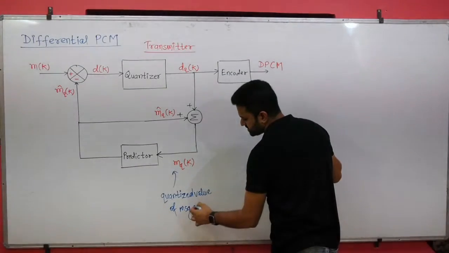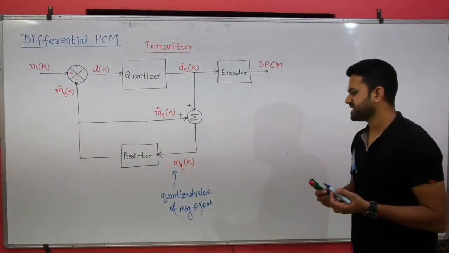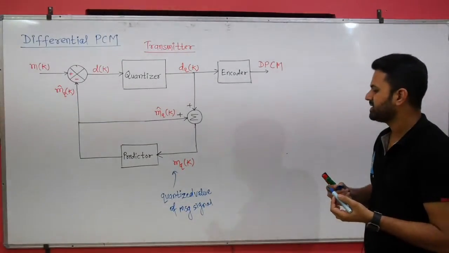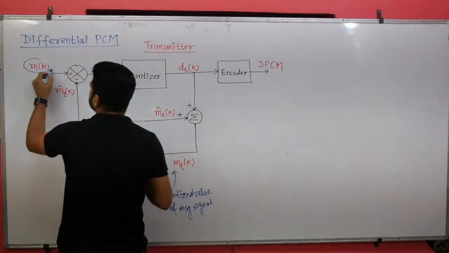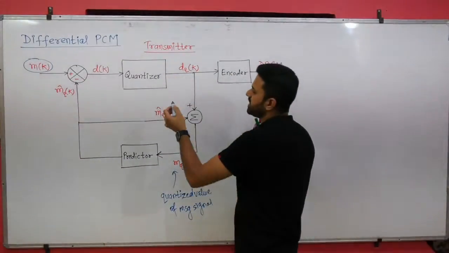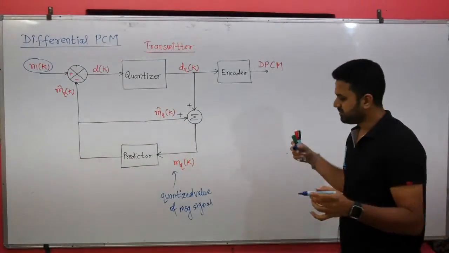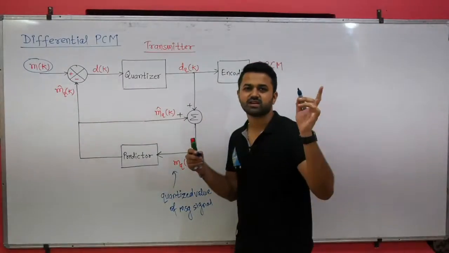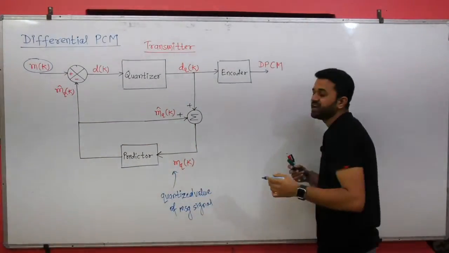Why are we saying this is the quantized version of the message signal? We are giving the message signal here, and the input to the quantizer is the difference between two signals, but we get the quantized version of the message signal at this point.